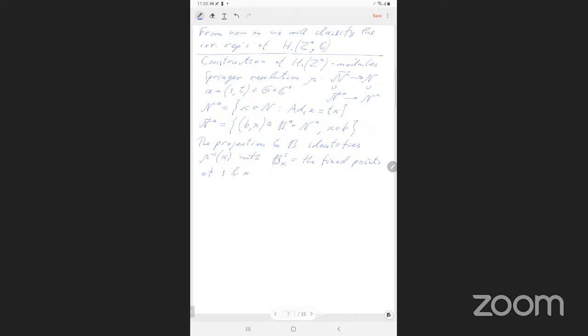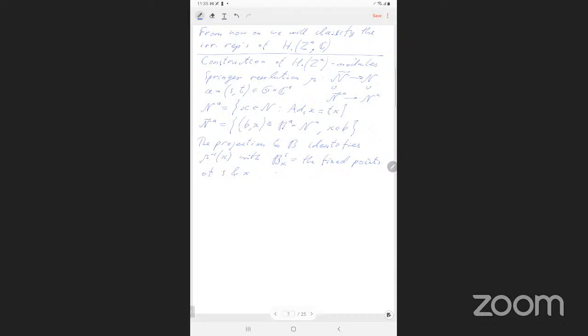s is a semisimple element in the group, so it acts on the flag variety and has its own fixed point set, and it is a smooth subvariety of the flag variety. And x is not an element in the Lie group; it's an element in the Lie algebra, right? So when I say the fixed point set of x in the flag variety, what do I mean by this?